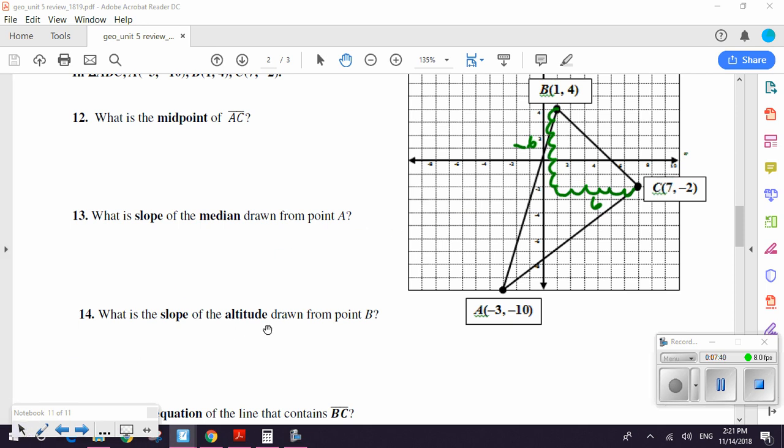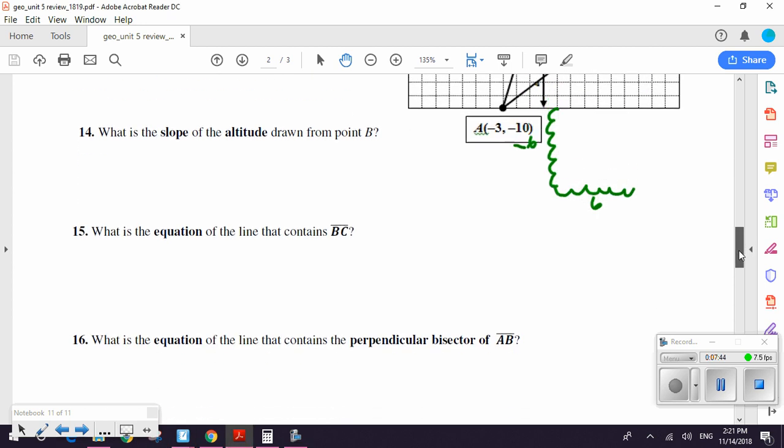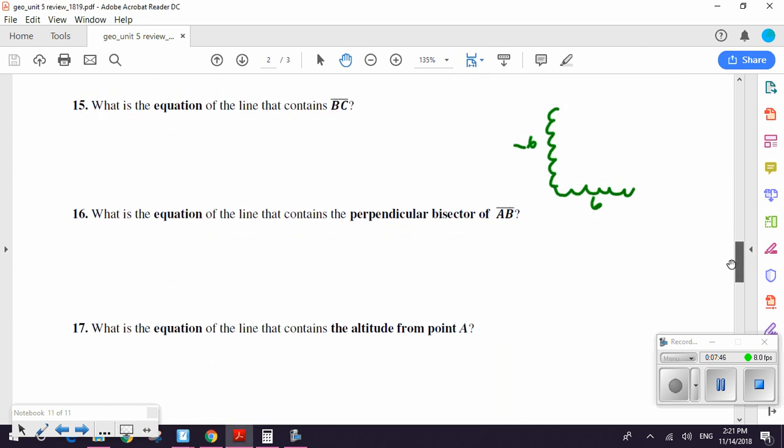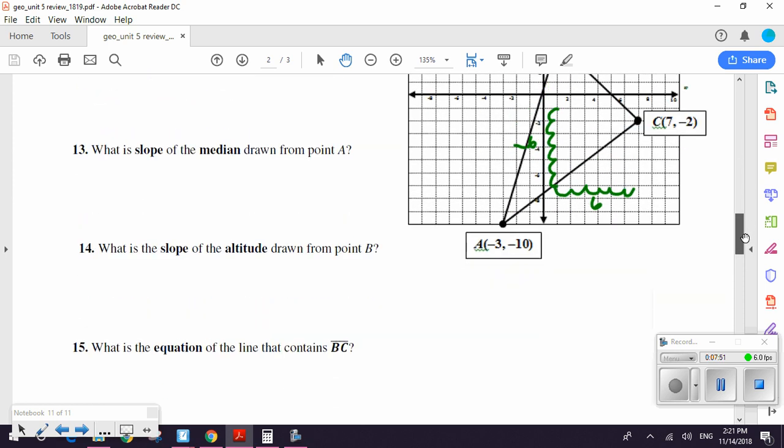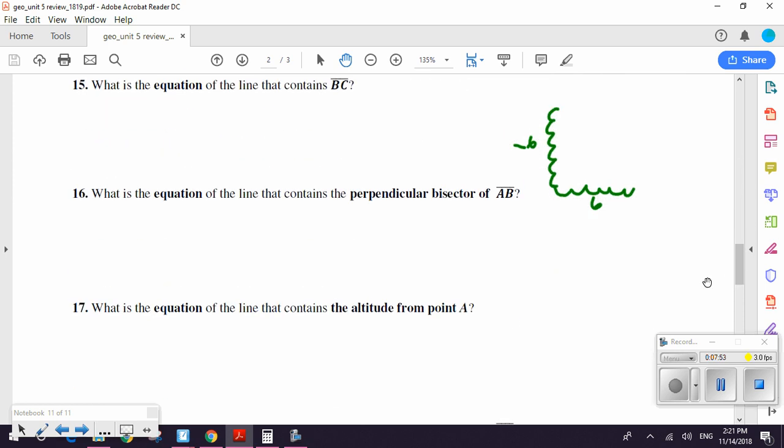Remember that. Also, our points are (1, 4) and (7, -2). So the slope of BC is negative 6 over 6, which is negative 1.